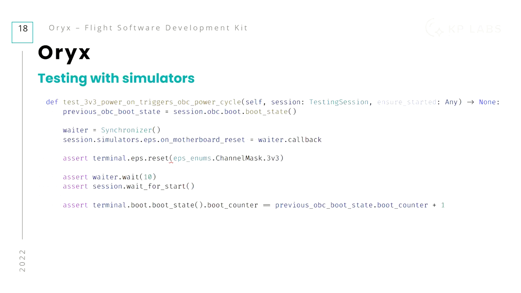There are a few hundred, if not over a thousand, tests that run on both QEMU and hardware. For example, this test will check that if we trigger a specific channel in the EPS, we'll actually see the power cycle of the onboard computer, and that's without actually having an EPS. And we can run this test again when we have the EPS and see if the simulator matches the behavior.